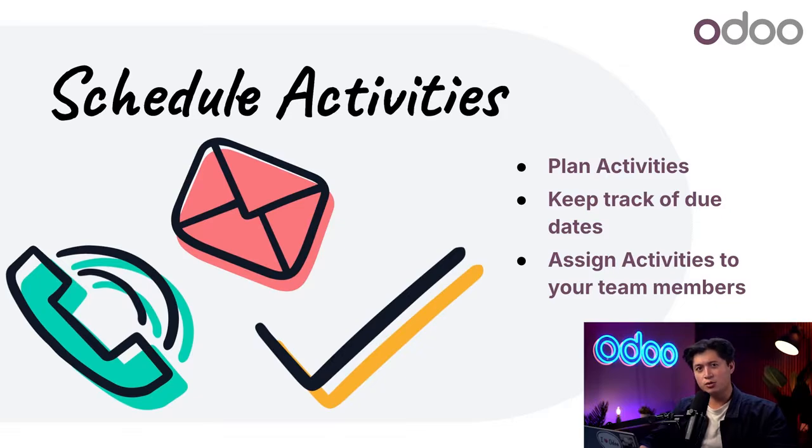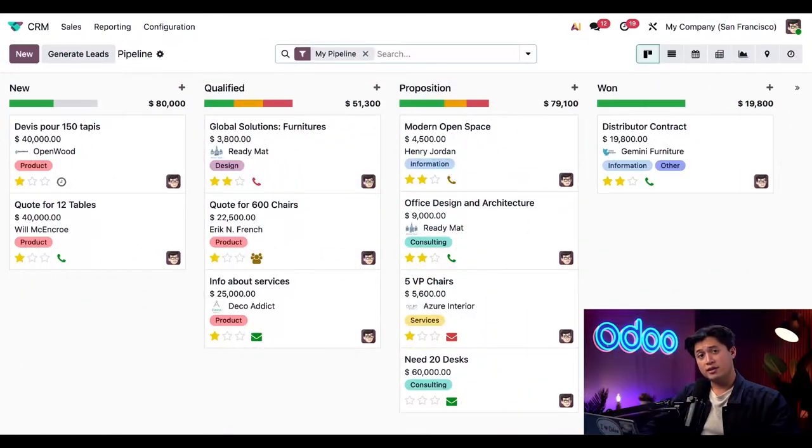Now let's jump into Odoo and see how easy it is to schedule activities. Because activities are integrated across Odoo apps, you can view them directly on each record. The icons next to these priority stars here indicate what's happening with your activities. So for example, here in the new stage, we have our quote for 12 tables. This green activities icon means that there's an upcoming task.